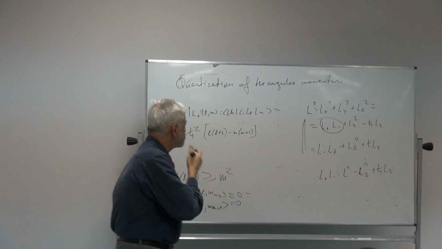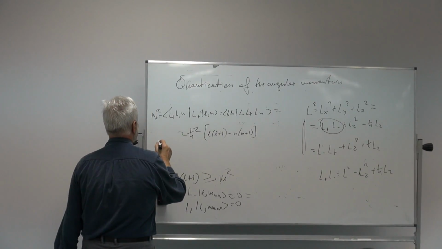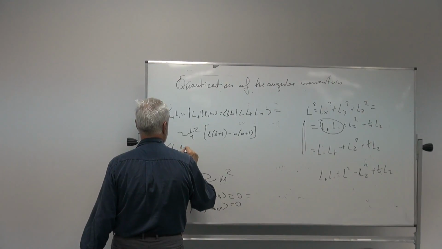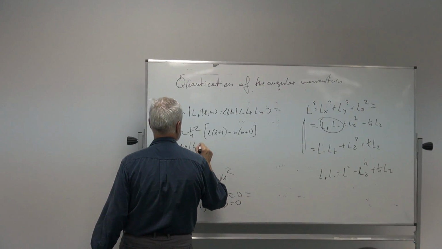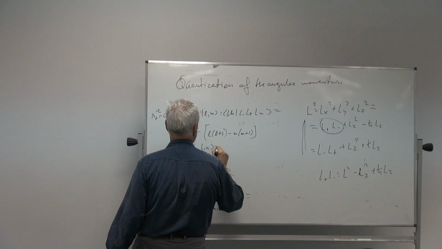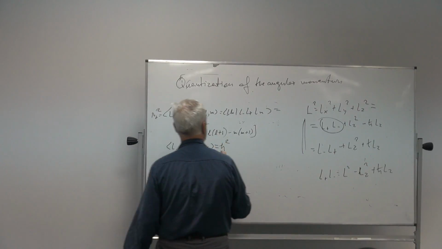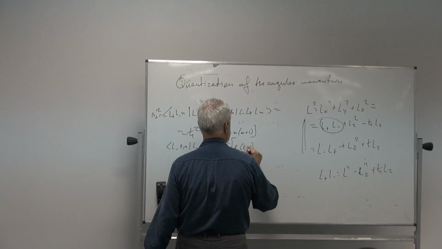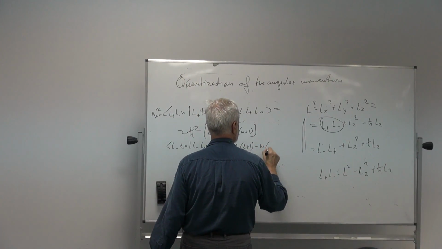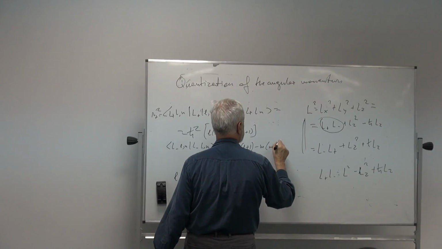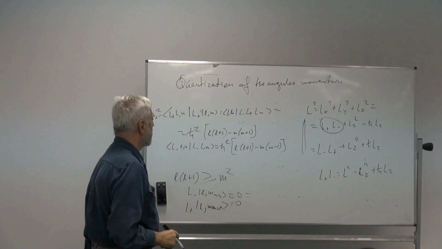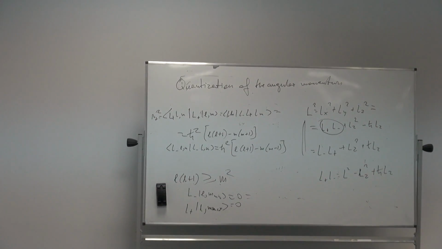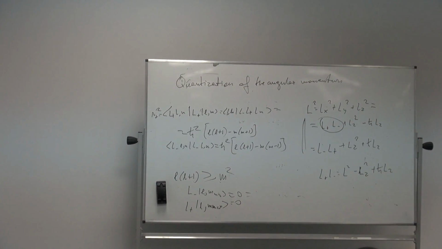Okay, that's it. So similarly, L minus Lm, L minus Lm is h bar squared times L plus 1 minus m, minus 1. Okay? Now it is easy to guess or to understand what is the value of m max.